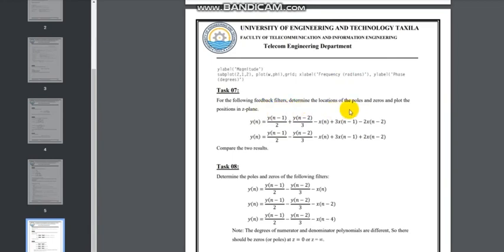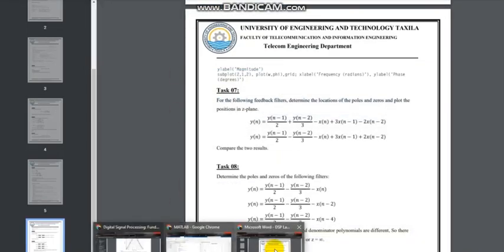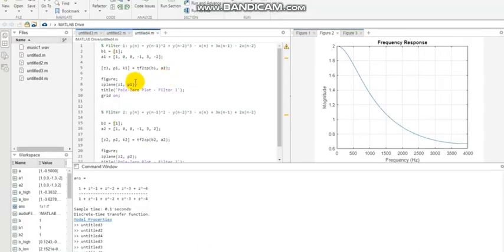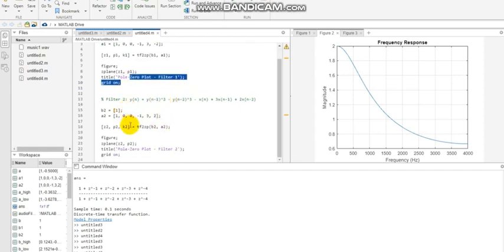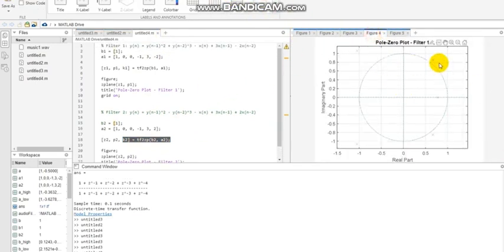Now performing lab task 7, we will perform this task by putting in our values for the zeros and poles of the system, and therefore we have filter 1. As we have been given two filters, we will perform the function for the first filter first, and then for the second system. For the second filter, we have been assigned these values and we write the code, and this is the result of this code.